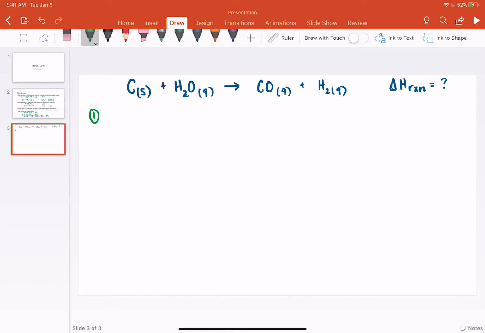So let's say that we have, this is our first reaction, carbon plus O2 gas yields CO2 gas, and that has a delta H of negative 393.5 kilojoules.